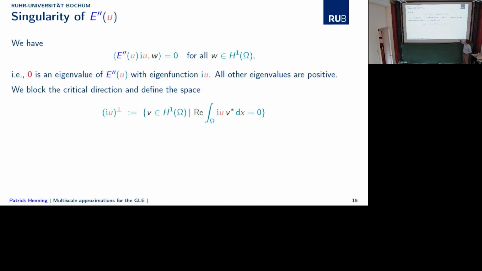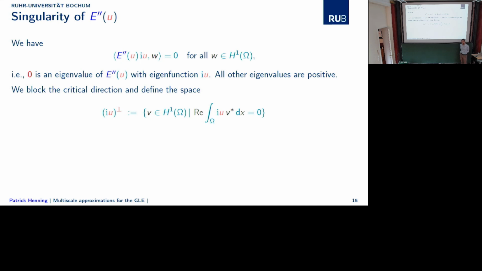And something I should mention here, orthogonality is measured not with respect to the usual complex L2 inner product, but the real part of the L2 inner product. And if you've seen this before, then you know where this pops up, but it's very natural.